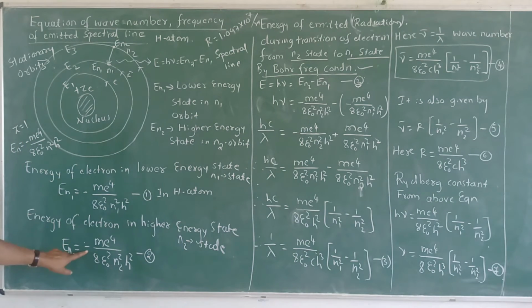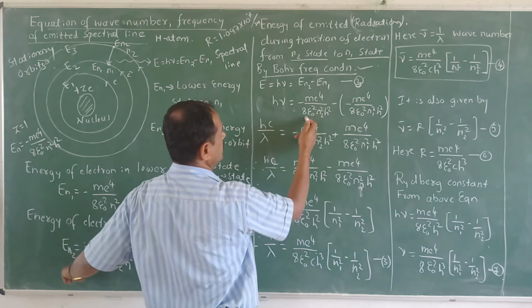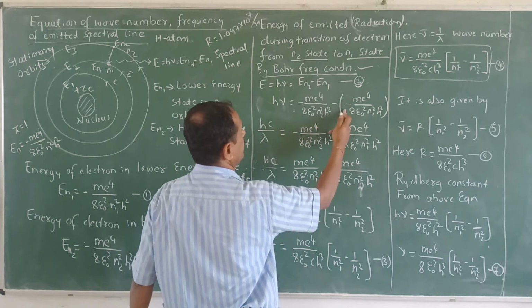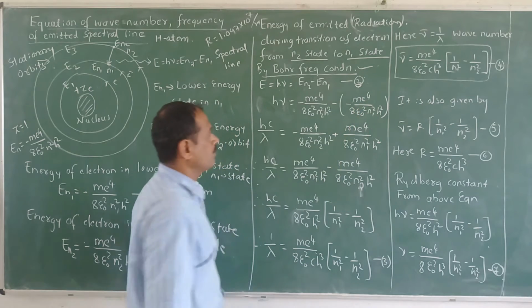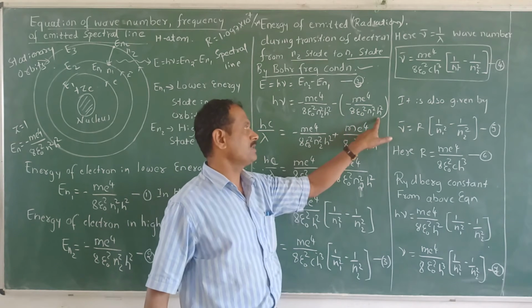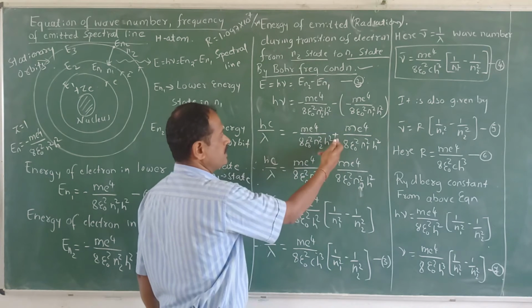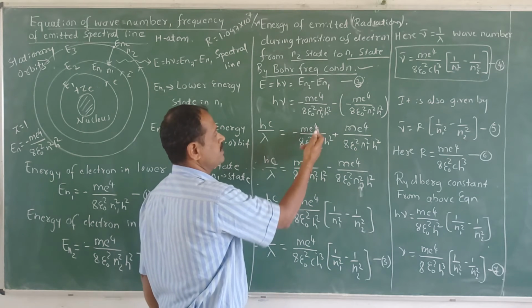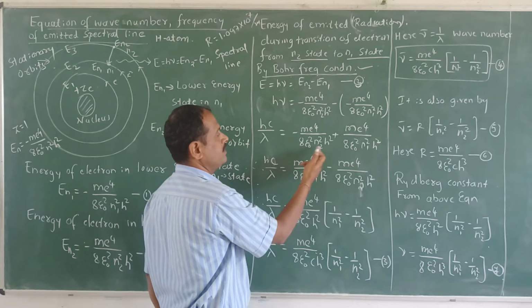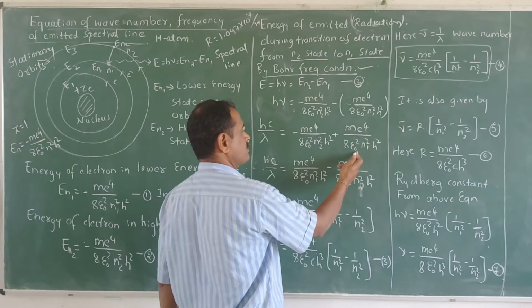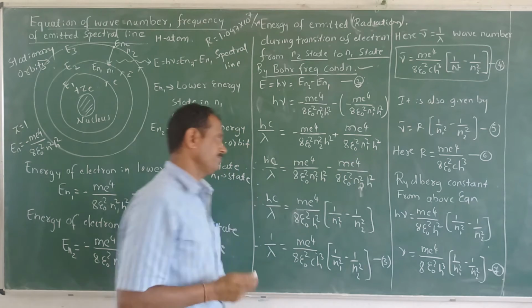That is E n2 is minus m e raised to 4 by 8 epsilon naught square n2 square h square, minus, in bracket, minus m e raised to 4 by 8 epsilon naught square n1 square h square. Minus minus becomes plus, so minus m e raised to 4 by 8 epsilon naught square n2 square h square plus m e raised to 4 by 8 epsilon naught square n1 square h square.